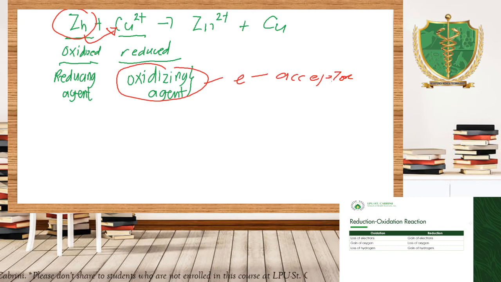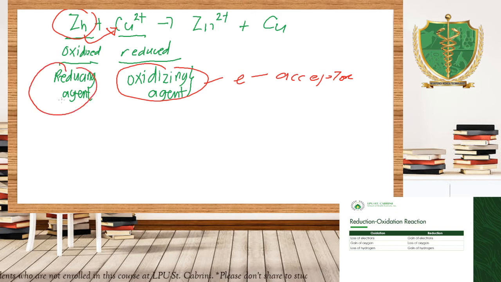Okay? When we say oxidizing agent, that is the reactant that removes electrons from the other species. Or in a simple and precise way, we can say that the oxidizing agent is the one that accepts electrons. Now, how about the reducing agent?